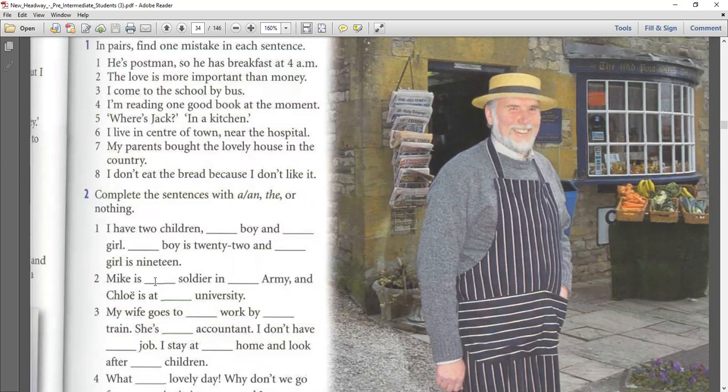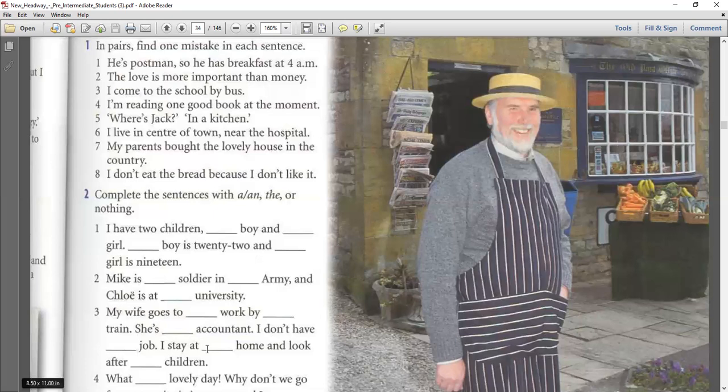Mike is a soldier in the army, and Chloe is at university. This is nothing, student. My wife goes to work, nothing, by train, nothing. She's an accountant. I don't have a job.